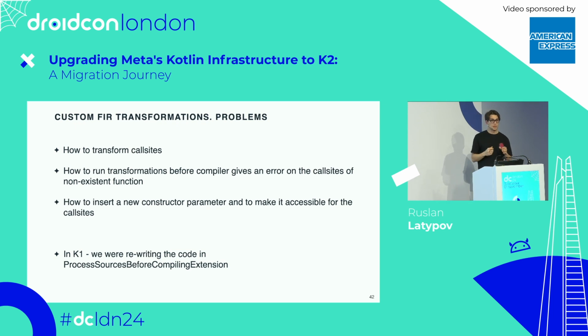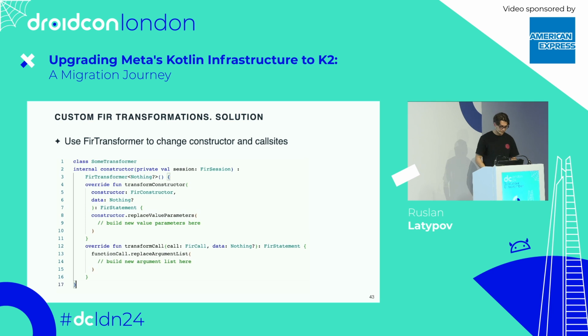Also, we need to make sure that the transformation happens before the compiler's front end gives us an error because we are using a non-existing function. So we're using an FIR transformer to change the constructor and call sites. Transformers is an API allowing us to change FIR while visiting it in a compiler front-end plugin.